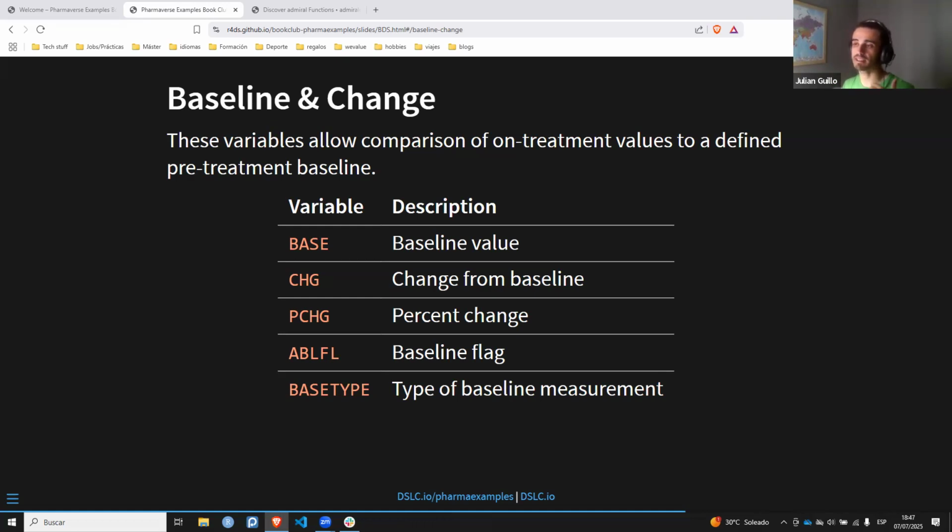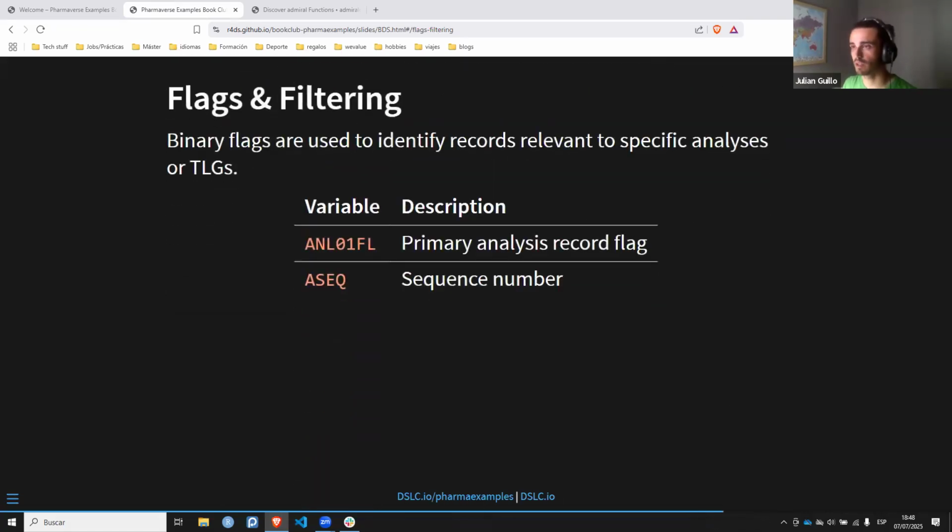We have also how much something has changed from that baseline, what percentage it has changed, and then some flag for the baseline, and what type of measurement the baseline is taken on. We also have some flags for filtering, which are binary flags to identify records that are relevant.